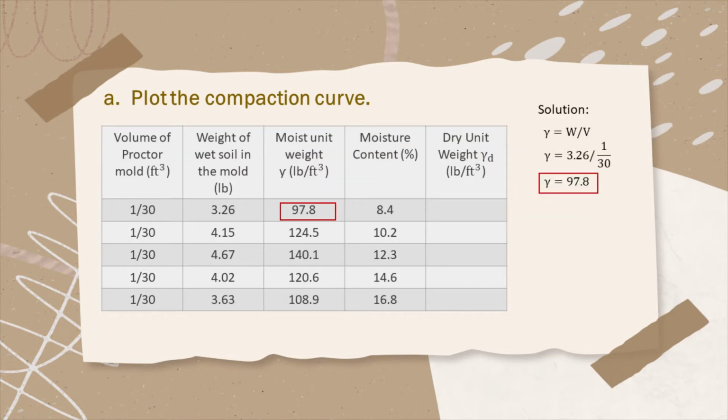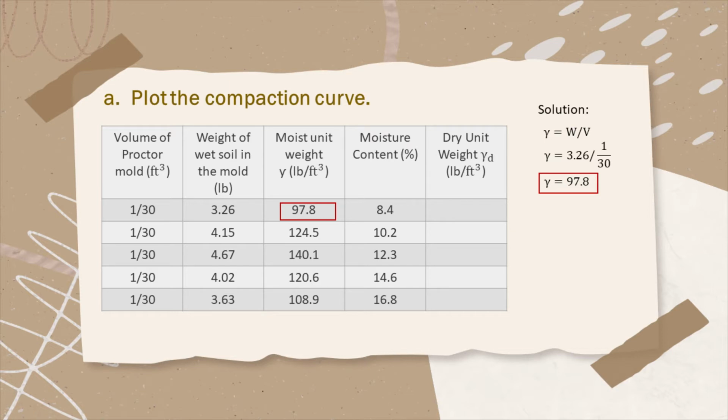First, we need to solve the values for the moist unit weight in pounds per cubic foot. We just divide the weight over the volume, which is equal to 3.26 over 1 over 30.